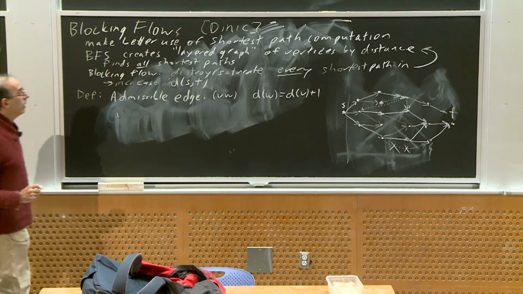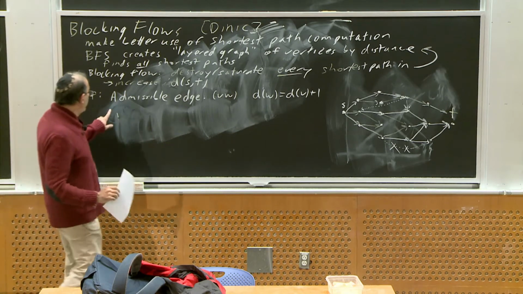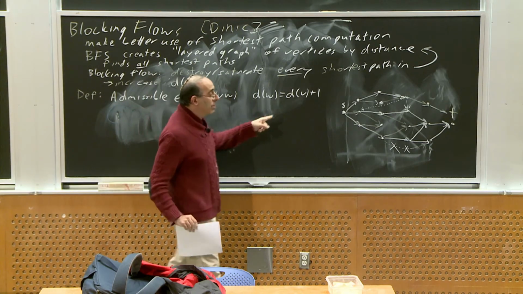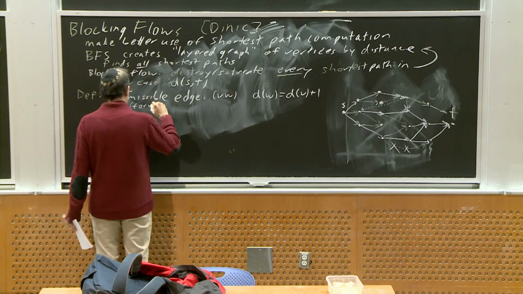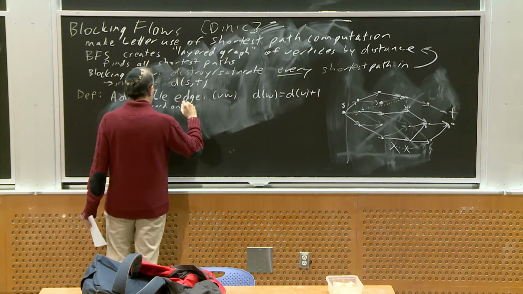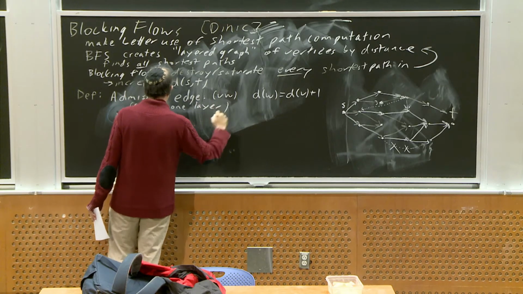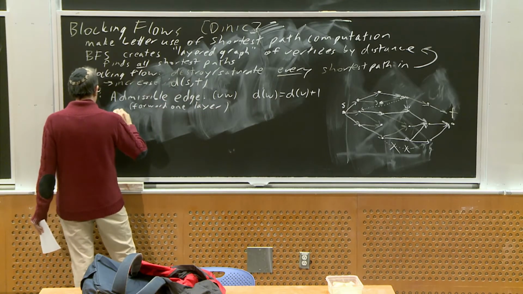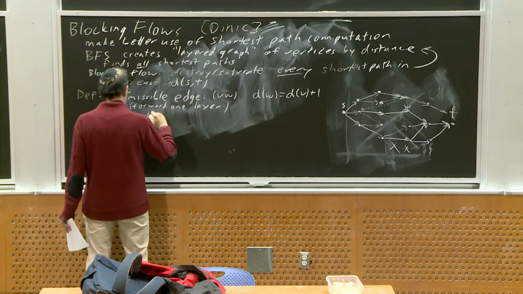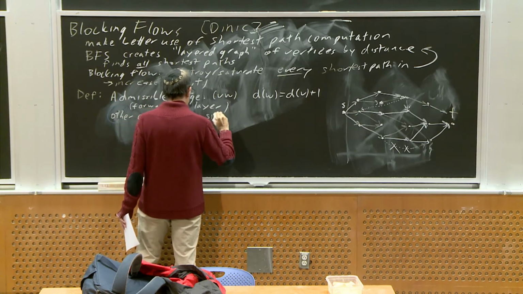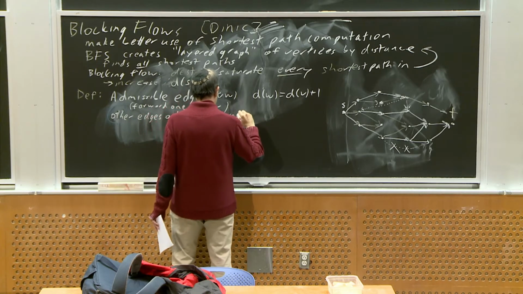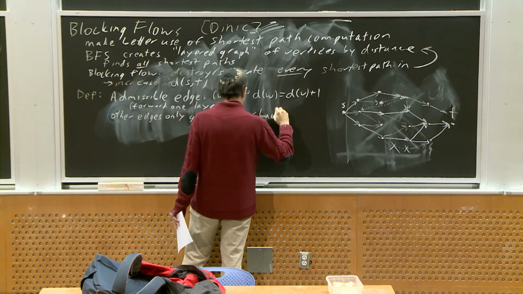So once I build the admissible graph, I've got these admissible edges which go forward one step. And the fact is that other edges only go sideways or backwards.